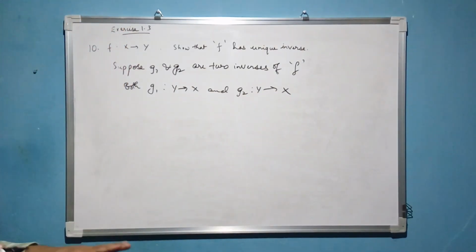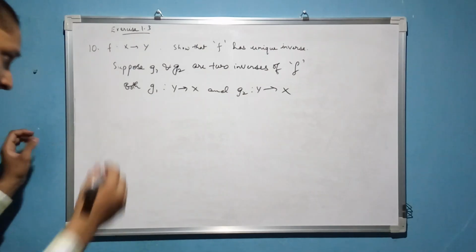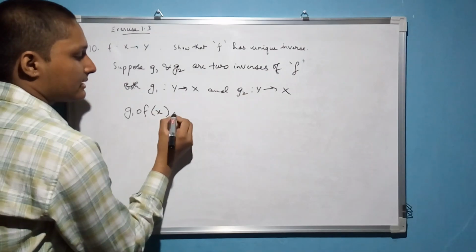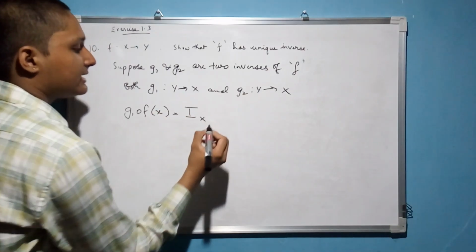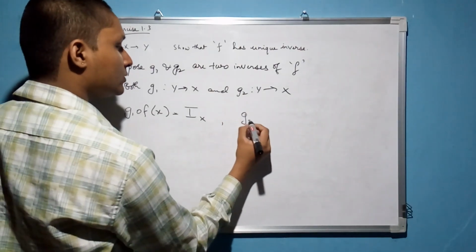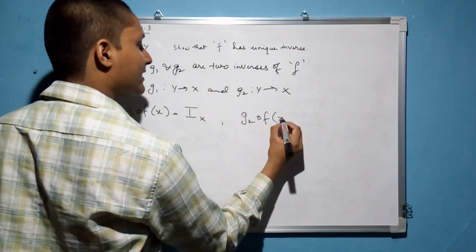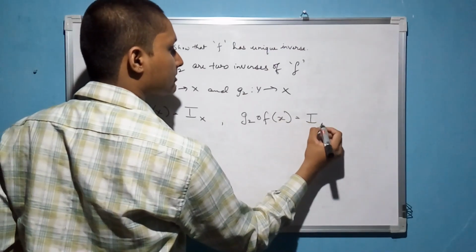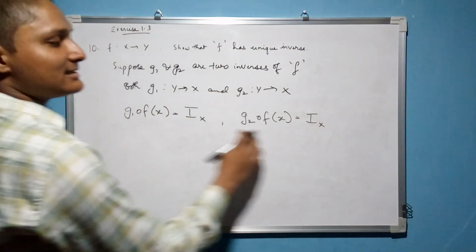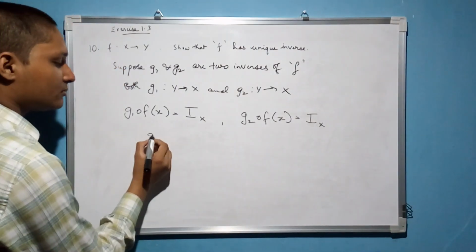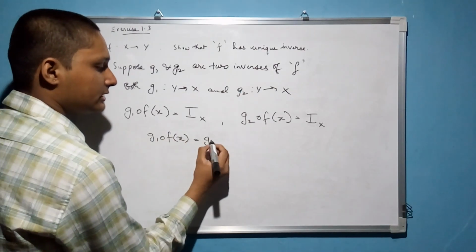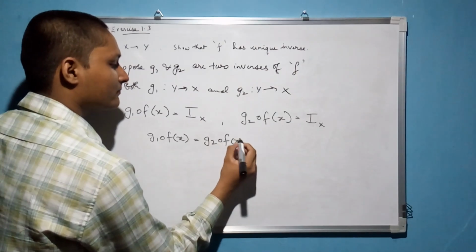If they are the inverses, based on the definition, you can tell that g1 dot f of x is equal to ix. That's what you infer from the given definition. And similarly, g2 dot f of x is equal to the identity function of the set x. So the right hand side of both of them are equal. That comes to be g1 dot f of x is equal to g2 dot f of x.